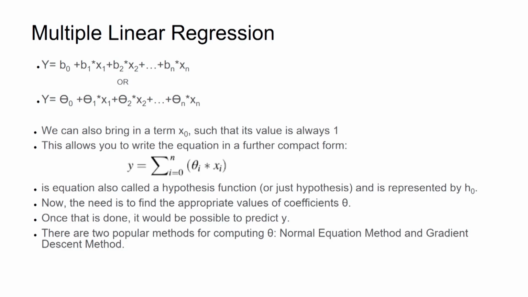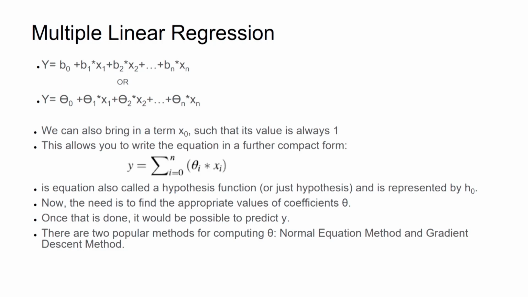Here, as we have xi's in all the expressions, only in the first expression we are not having any xi. So, there is only b naught. Here we can add one new variable, that is x naught, and this variable value will always be 1.